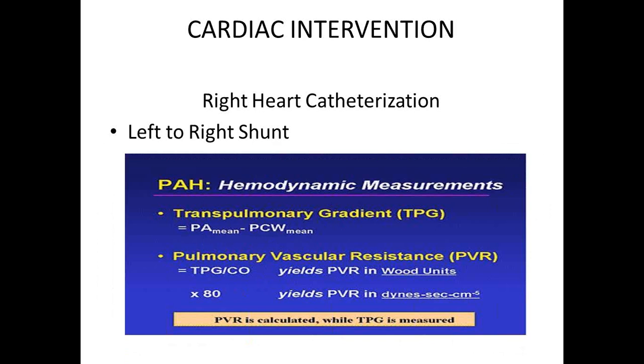For the pulmonary circuit, it is your pulmonary vein minus the pulmonary artery blood oxygen content. So the pulmonary vascular resistance is your transpulmonary gradient divided by the cardiac output. And the unit is Wood's unit. Okay? So you have to know the unit.